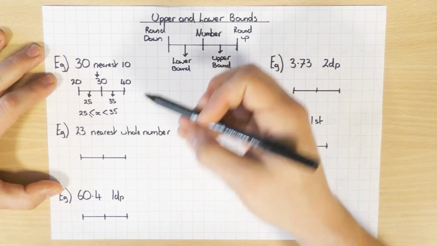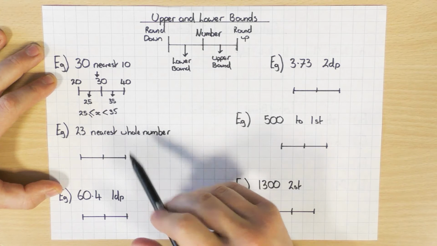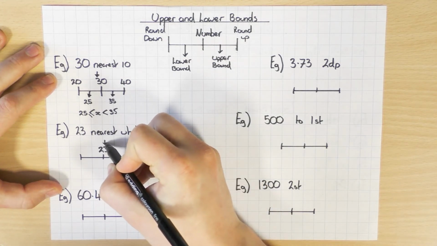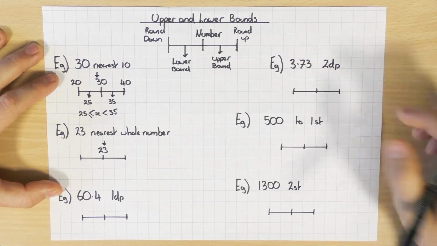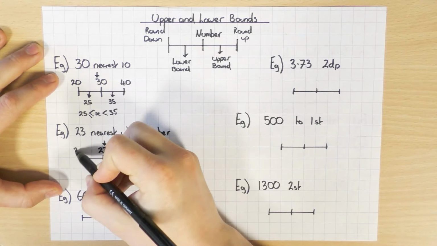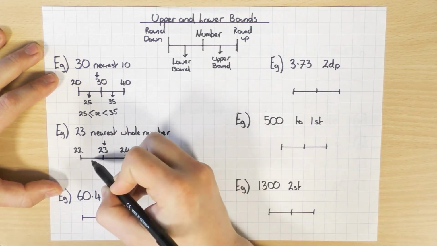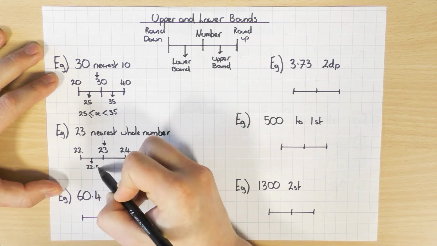So that was a nice easy one. Let's make it a little bit trickier. 23 has been rounded to the nearest whole number, so 23 is my number. This time, if it's been rounded to the nearest whole number, I'm looking at the 3 in the units column there. Rounding down would give me 22, rounding up would give me 24. Going in the middle then, that would be 22.5.